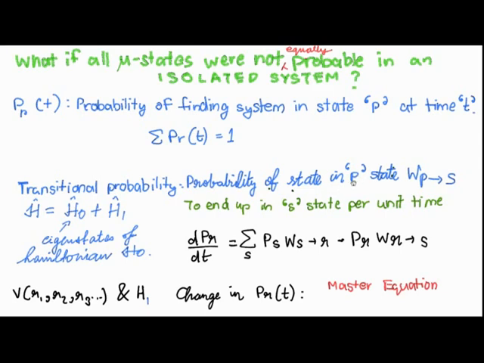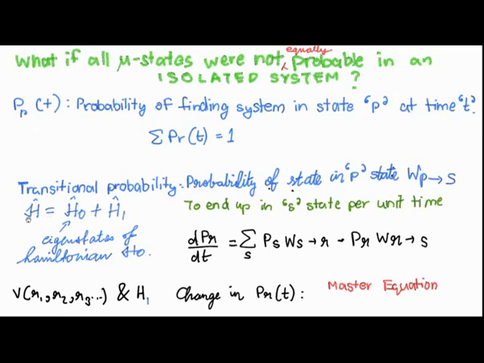to go from state P to state S, right? So that's WPS. It's the transitional probability, the probability that the system is going to go from one quantum state P to another quantum state S. Now, if a system is already in an eigenstate, it doesn't have any reason to evolve to a different quantum state S, unless there is a small perturbation, which we shall call H1.